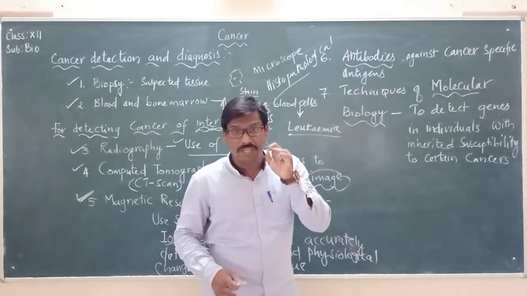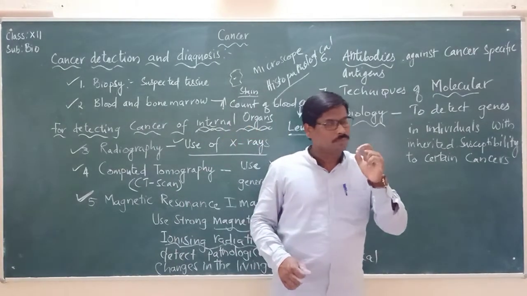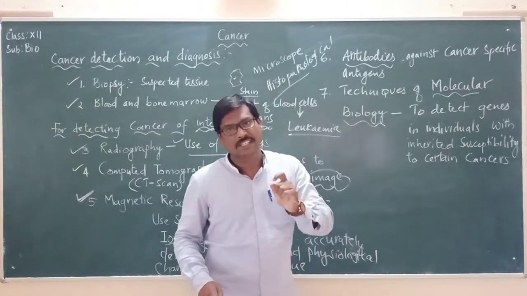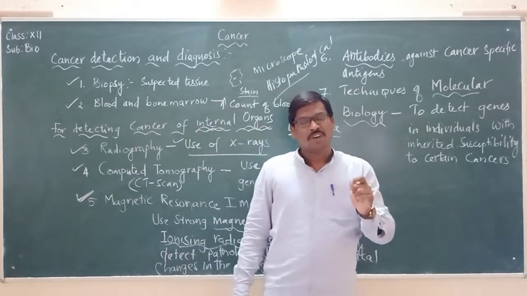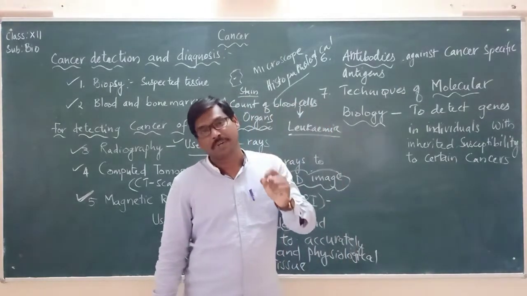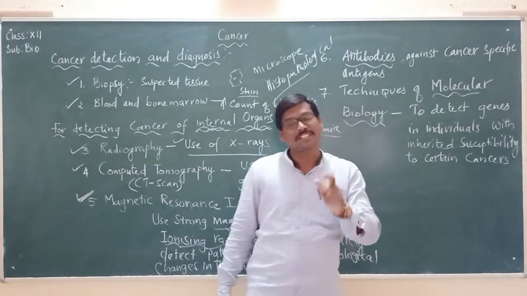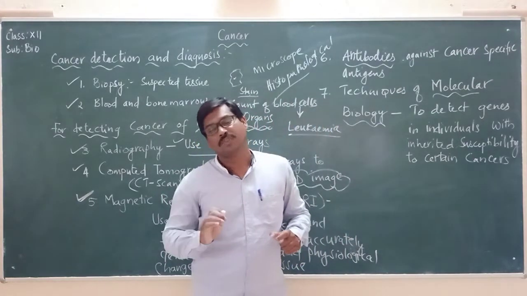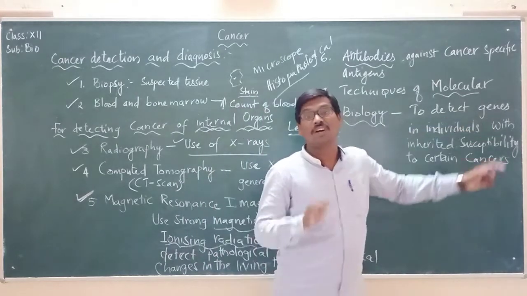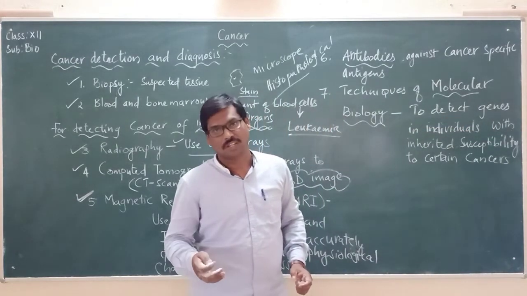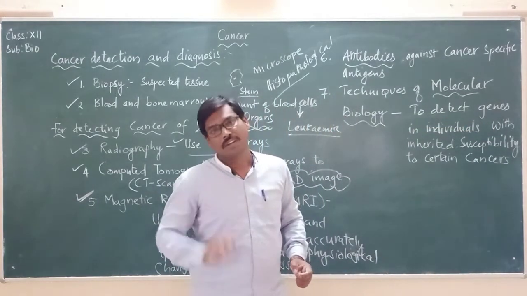Once it is detected, they will counsel those people not to be exposed to the drugs or chemical substances which can stimulate those genes and cause cancer in the future.